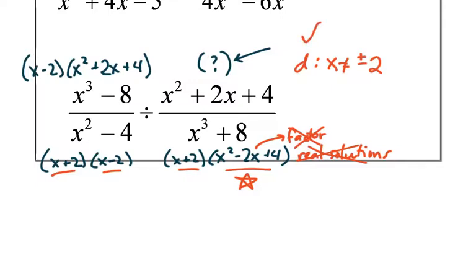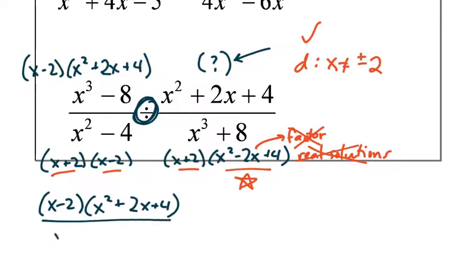Okay, so now let's do like we said. Dividing by a fraction is the same thing as multiplying by the reciprocal. So we're going to keep the first fraction the same, right? Okay, this is all the same. Great.